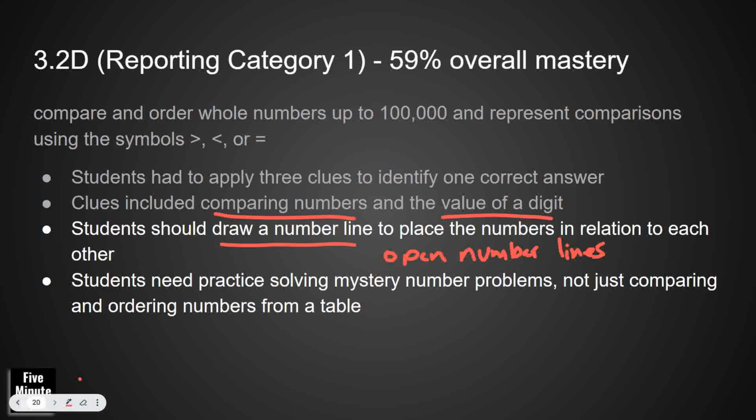But if they don't have practice with these mystery number problems, there might be some students that have the capability of doing this. They're just not used to the format and they struggle. So those are our top items that we missed for reporting category in the different readiness standards in all the different reporting categories of the third grade 2024 Math STAAR.